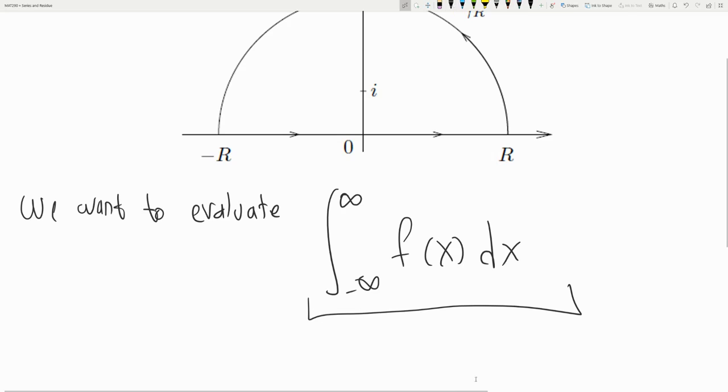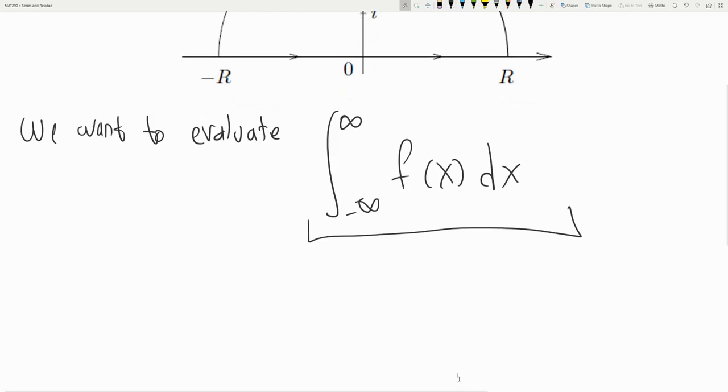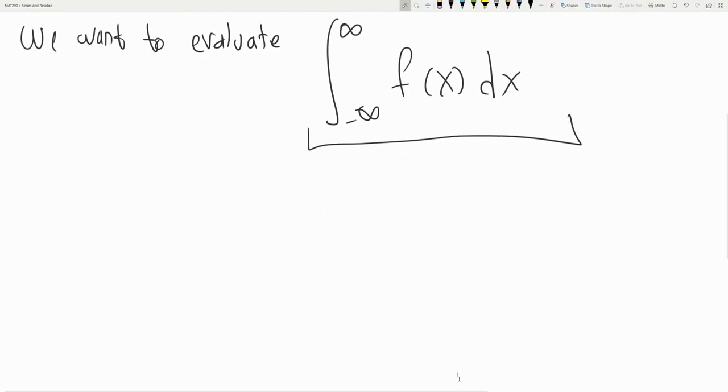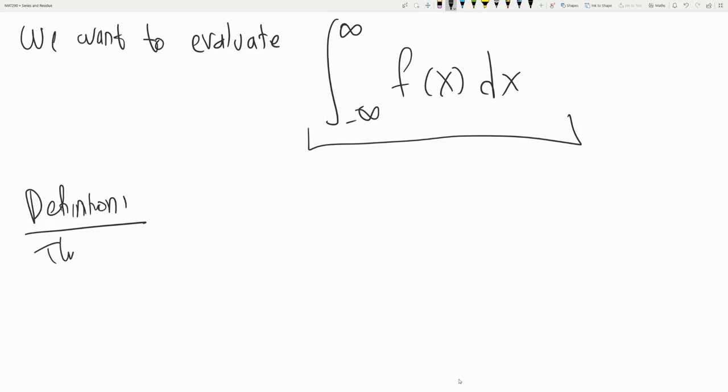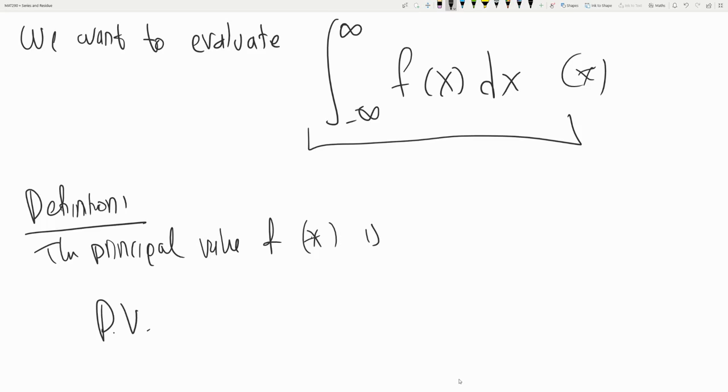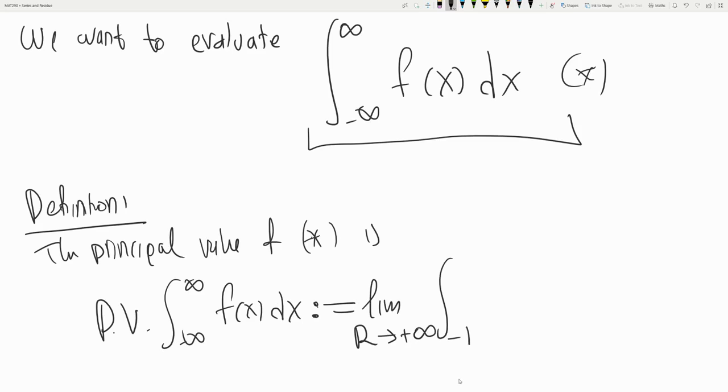Definition: the principal value of this integral is the following, PV. We define it as the limit as R goes to plus infinity of the integral from minus R to R of f of x dx.